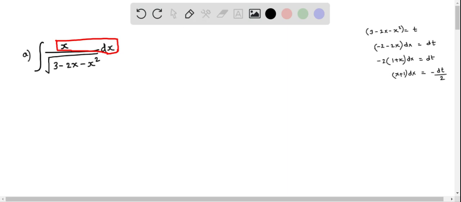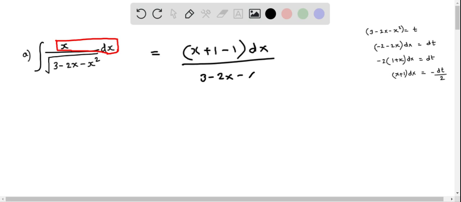Since we don't have x plus 1, I'm going to add plus 1 and minus 1 in the numerator so that it does not change the numerator part. So I'm going to add plus 1 and subtract 1 such that it becomes x plus 1 times dx, and in the denominator I have this 3 minus 2x minus x squared under the root, dx.